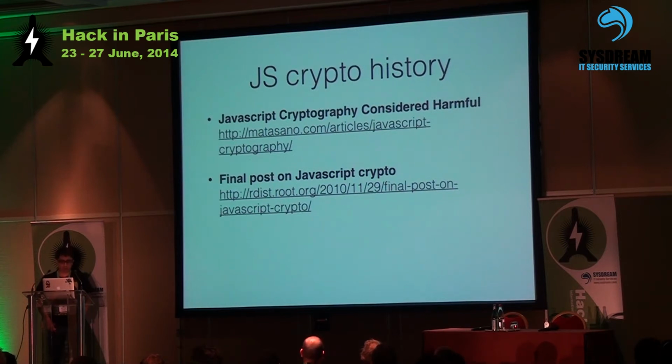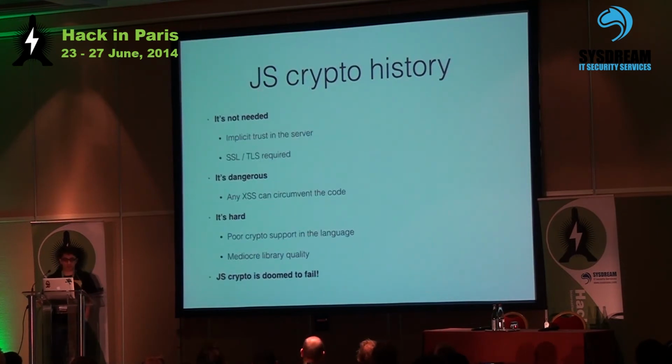And the second one is from Nate Lawson, entitled "Final Post on JavaScript Crypto." And those two researchers mention several arguments why doing crypto in JavaScript is pointless or even dangerous. And if we try to divide all those arguments, they all come down to three buckets.